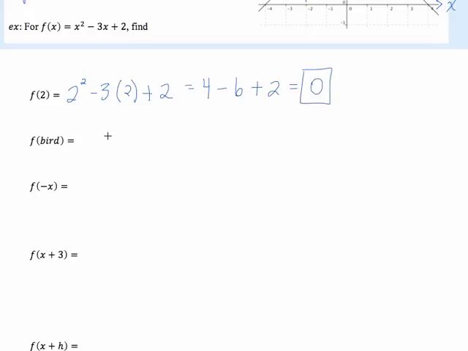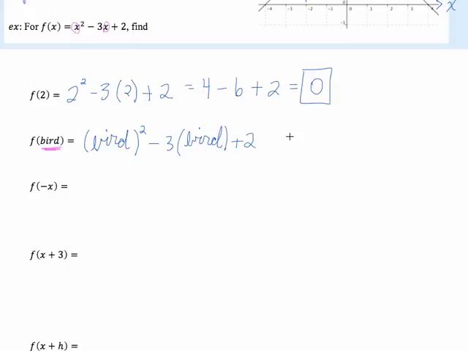F of bird, now this is silly, but there's a reason why I'm doing it. Essentially what you do, no matter what is inside these parentheses here, you replace each x in this function definition by whatever is in those parentheses. So f of bird, as silly as that is, would be, let's put it in parentheses, bird squared minus 3 times this x is bird plus 2.